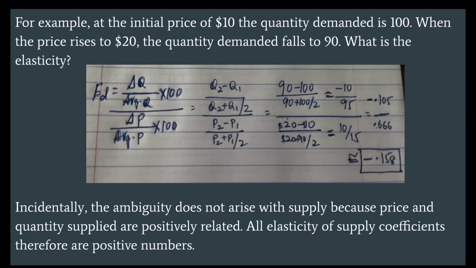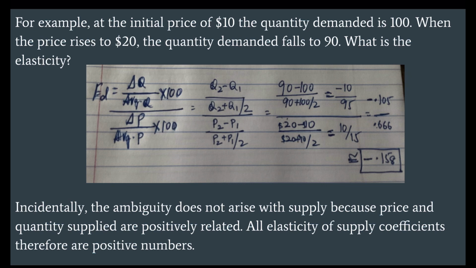For example, at the initial price of $10, the quantity demanded is 100. When the price rises to $20, the quantity demanded falls to 90. What is the elasticity? You can see the calculated elasticity here using the midpoint formula, and we get the answer as negative 0.158.